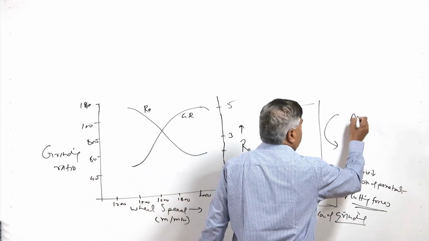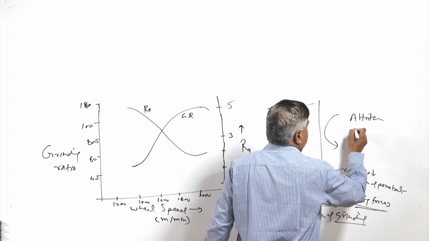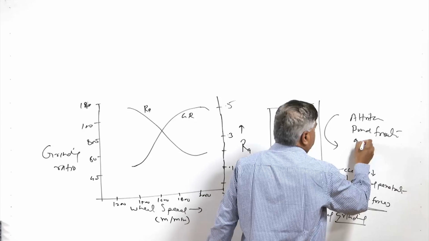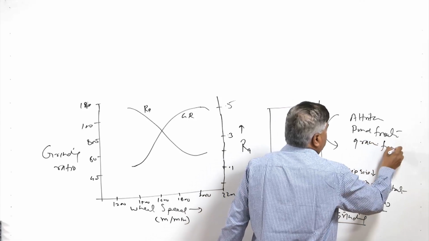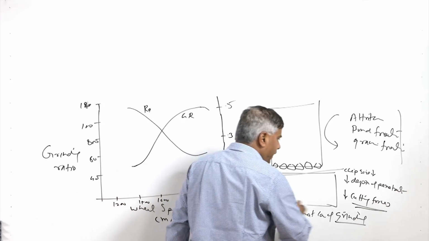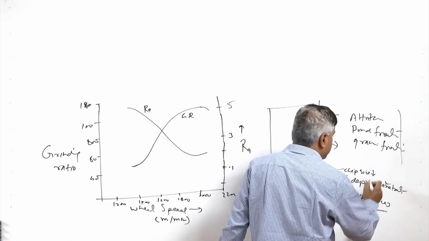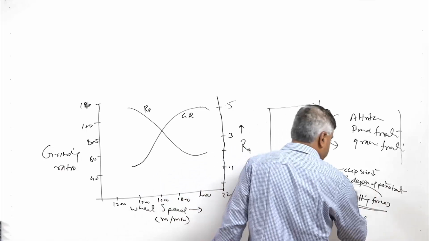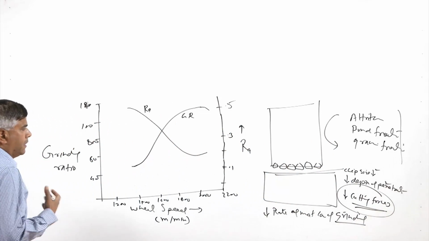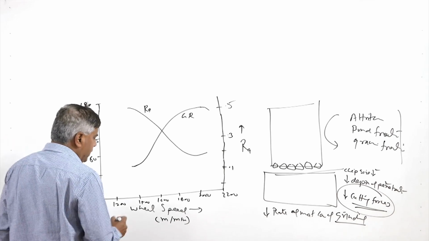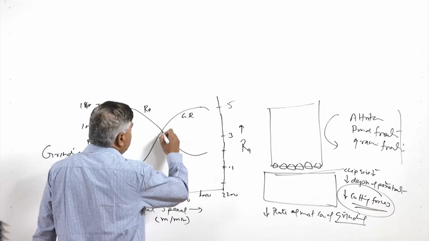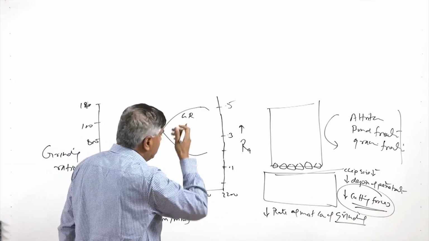So, the severity of all these three modes is reduced with the reduction in cutting forces when we work at a higher speed, due to the reduction in depth of penetration and chip size, which in turn reduces the cutting forces. Reduction in cutting forces reduces the rate at which material loss from the wheel takes place. This is the trend we can see here: an increase in wheel speed basically increases the grinding ratio.